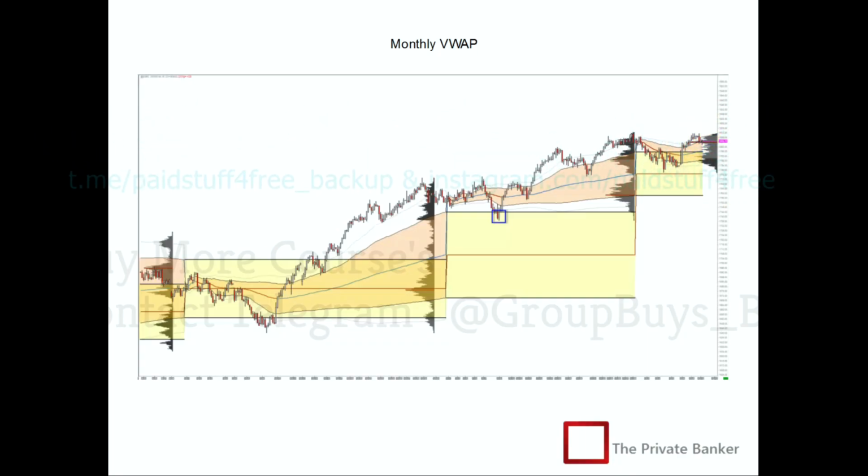So again, very clear, typical rotational type behavior that's occurring within this monthly VWAP here.